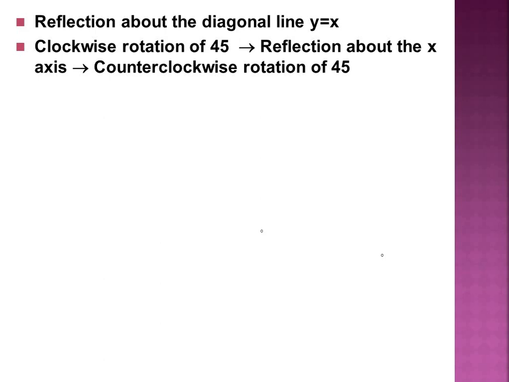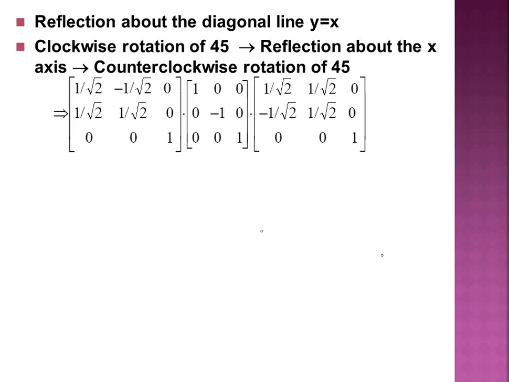When it coincides with the x-axis, we perform the reflection about the x-axis. Then we perform a counterclockwise rotation by 45 degrees to shift this line back to its original position. By these matrices we can achieve this.